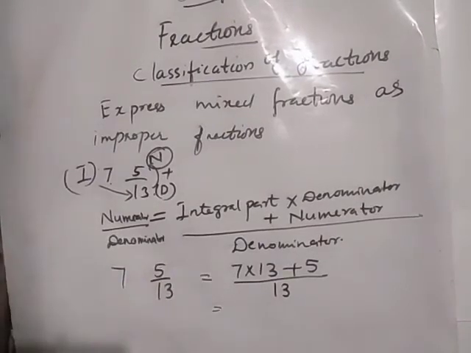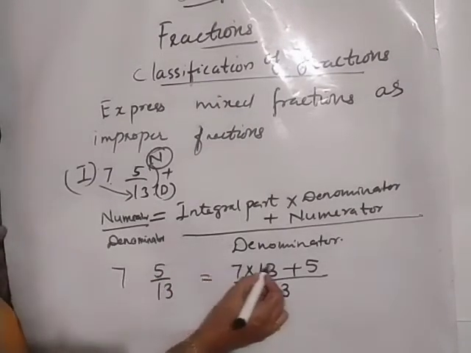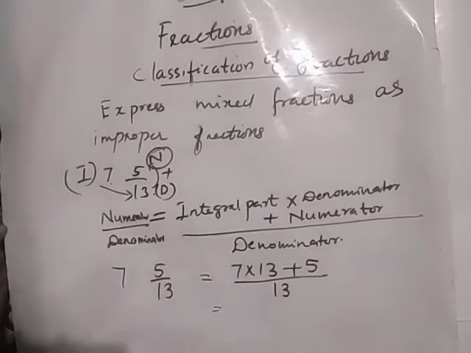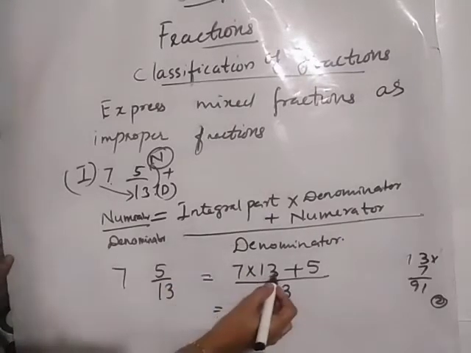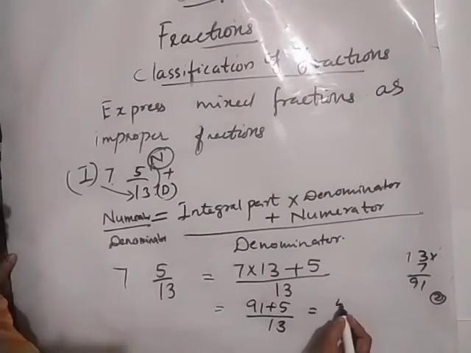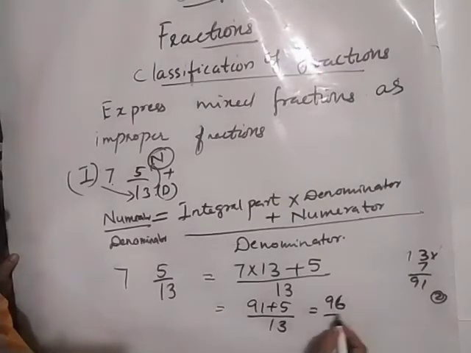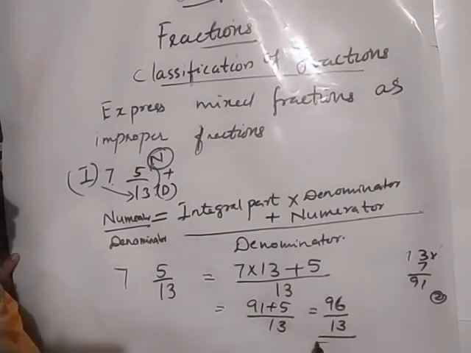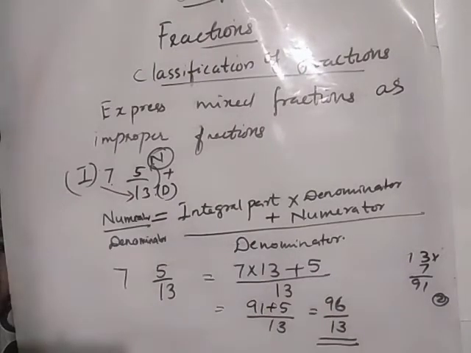You know the BODMAS rule, so we have to multiply first. 13 into 7 is 91, plus 5 by 13, that is 96 by 13. This is the improper fraction of the given mixed fraction.